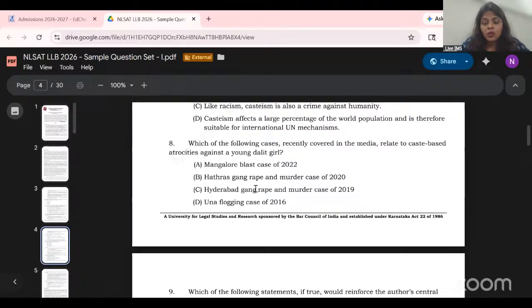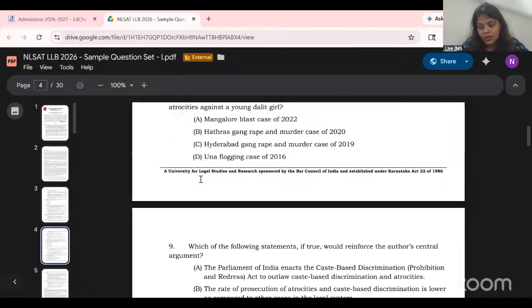Third is related to a woman vet who was gang raped and murdered in Hyderabad. And option D is talking about three Dalit men who were burned alive for cow slaughter. So as per our question, atrocities against a young Dalit girl, B is your correct answer.